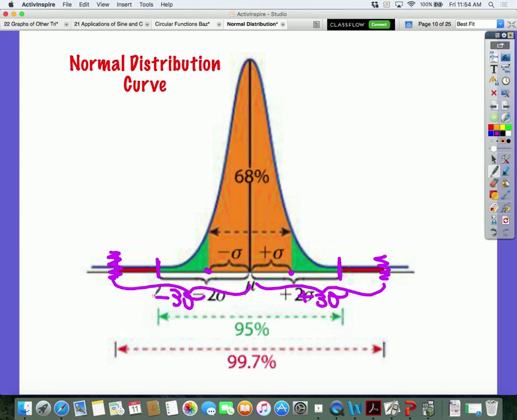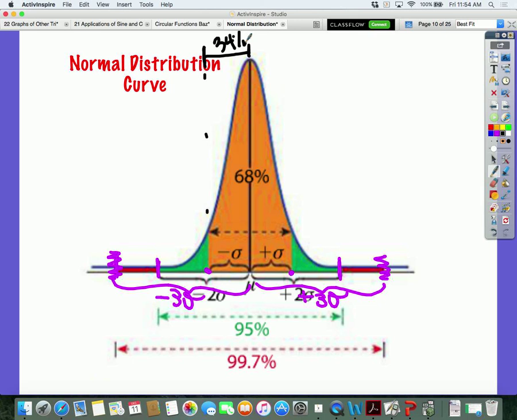Also realize that because it's a bell curve, and that cuts it in half, from that 1 standard deviation to the mean, what's that percentage? 34, because it's half of that 68.